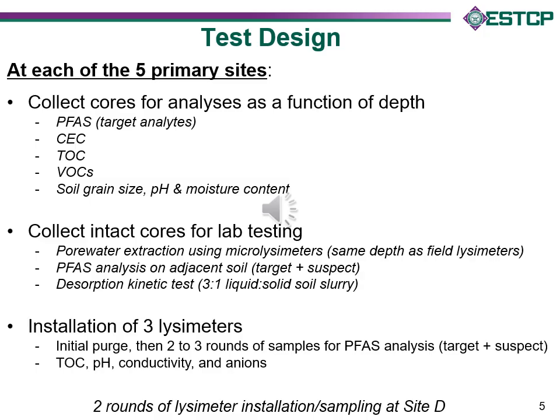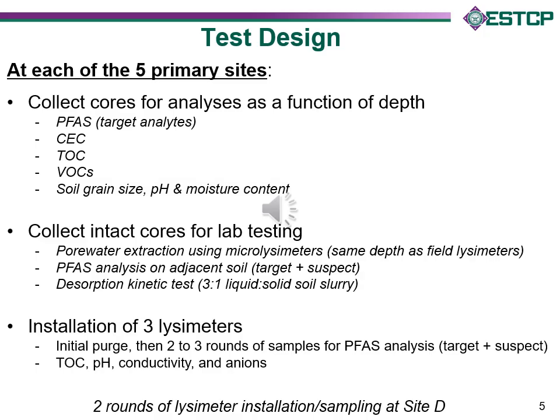We also collected information on cation exchange capacity, soil TOC, looked for VOCs, as well as some general properties such as soil grain size, pH, and moisture content. We collected some intact cores for lab testing. We'll talk about this on the next slide. We did some pore water extraction using what I term microlysimeters for some of these cores.